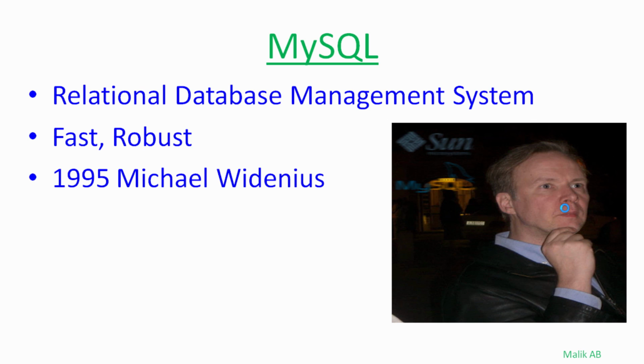That's why it is called relational database management system. It is fast, that it will in very short time provide us required information in milliseconds. It is robust. Robust means it can recover from errors very quickly. It was invented in 1995 by Michael Widenius.